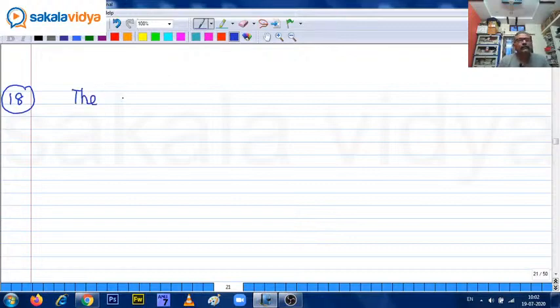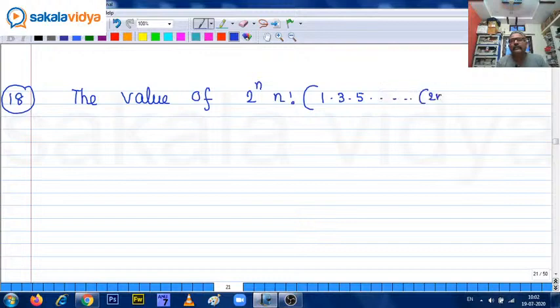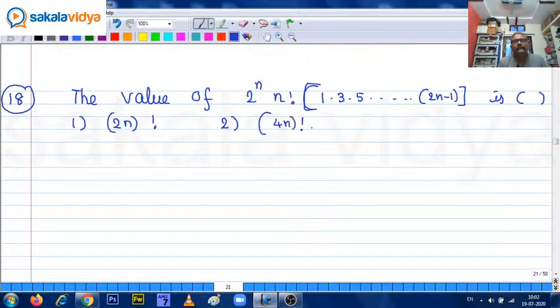The value of 2 to the power of n times n factorial times 1 into 3 into 5 and so on to n minus 1 is, okay: first option, 2n factorial; second is 4n factorial; third, 2n factorial upon n; fourth one is n factorial.